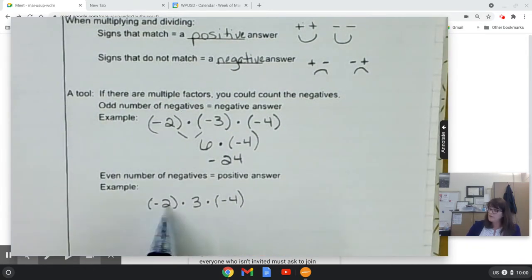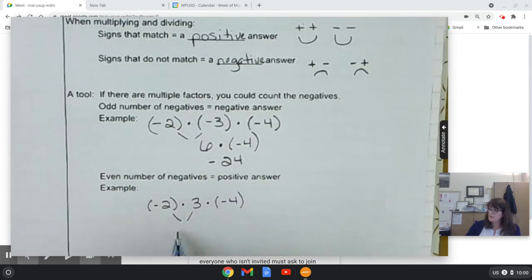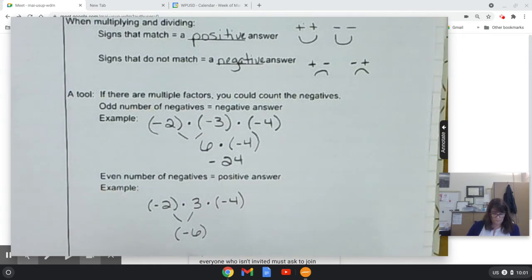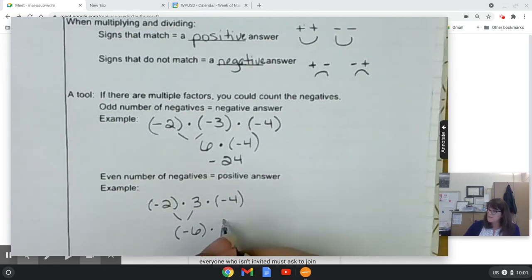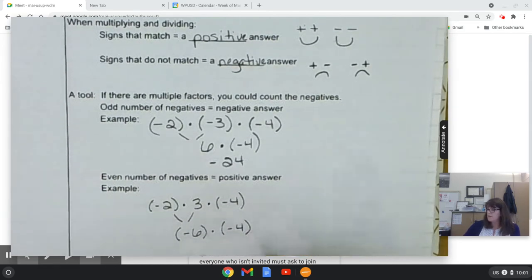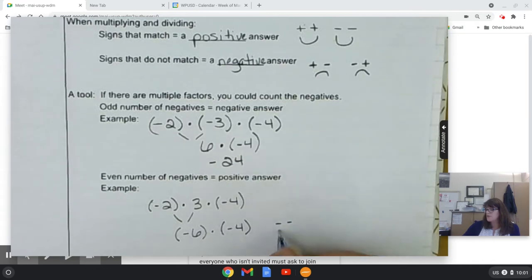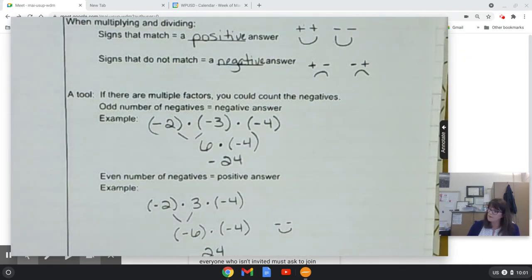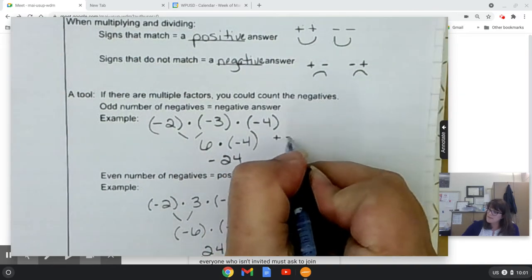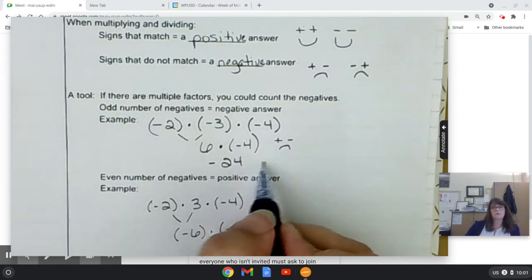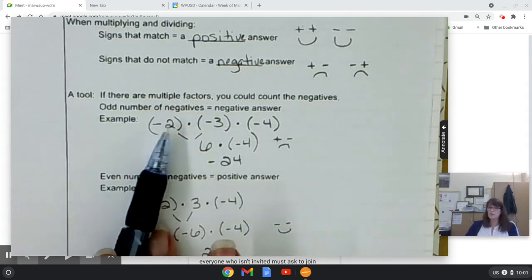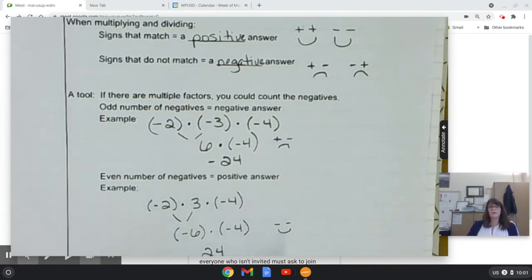Well, -2 times 3 is -6. -6 times -4, here my signs match, is a positive 24. Here, my signs did not match. Okay, so hopefully that helps when you have multiple in a row.